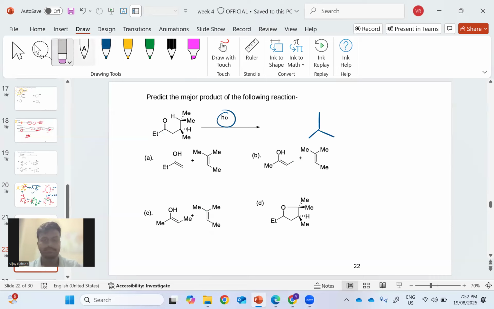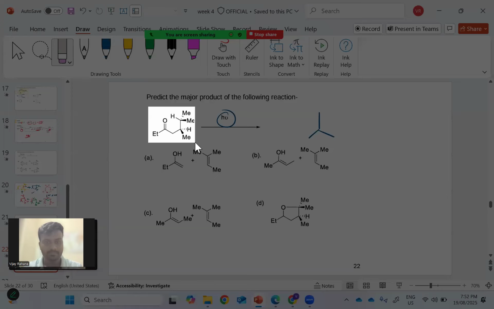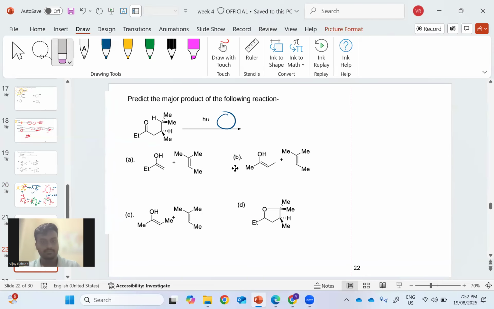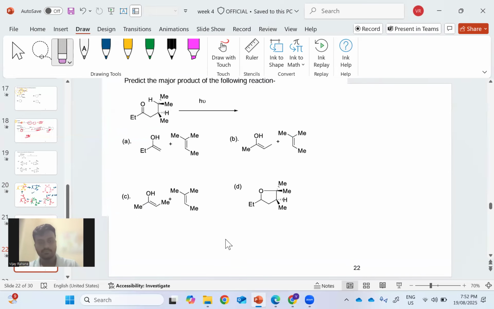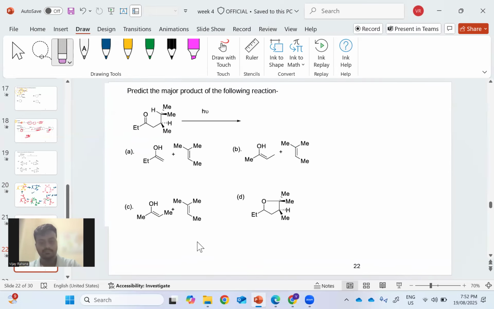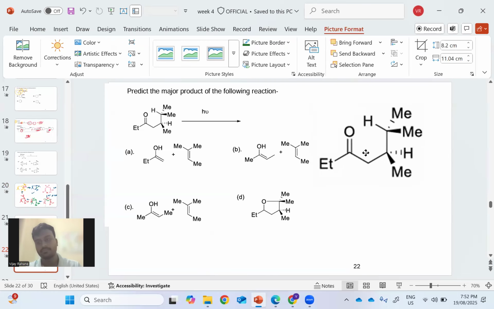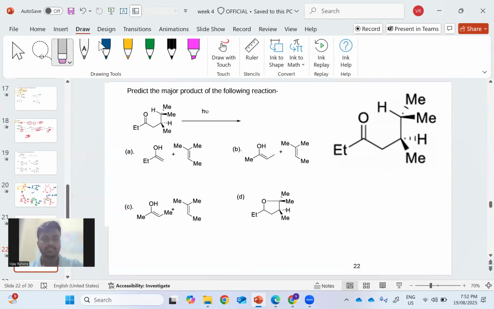I can just expand. Right. So this is the structure, and you can see there is an influence of light.